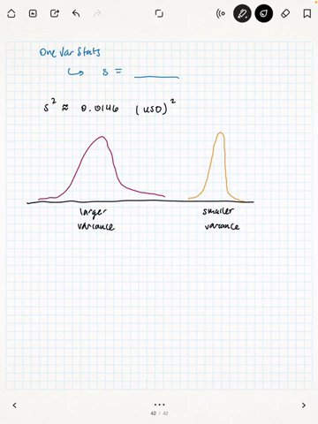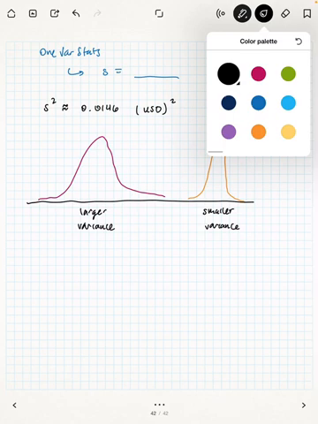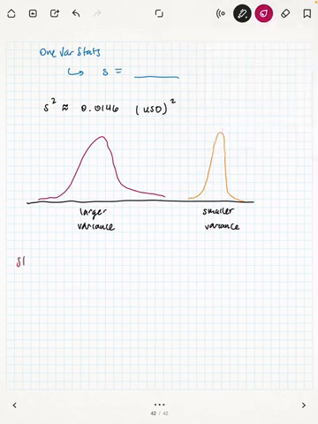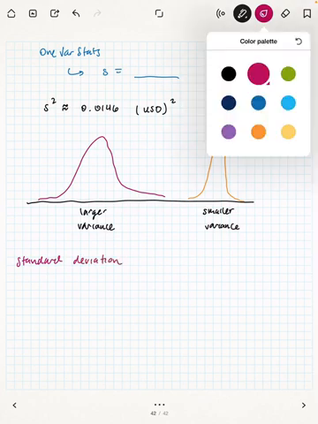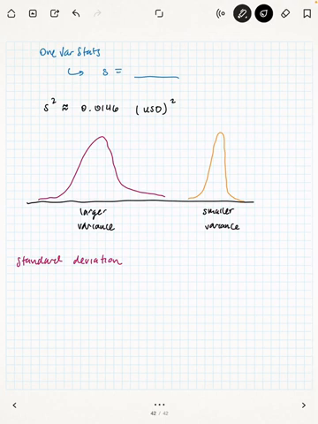So variability is different from variance in that variance is a specific way of calculating variability. But we have an improvement on variance, which is standard deviation. And standard deviation, pardon the pun, is the standard. But what's so great about standard deviation is it's literally the square root of the variance.